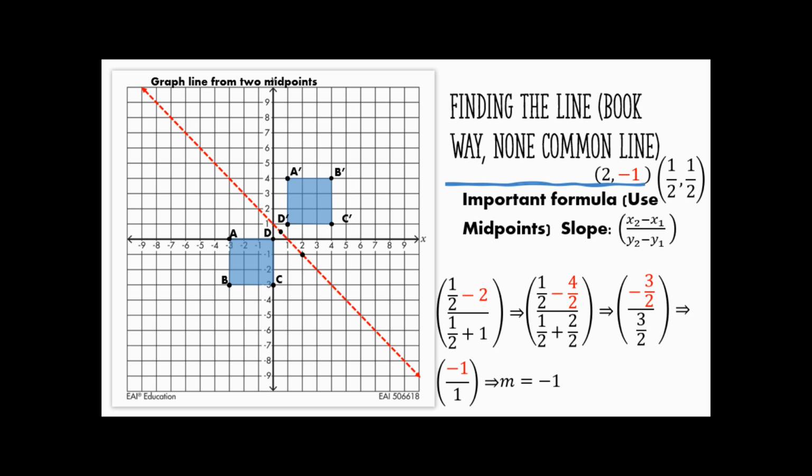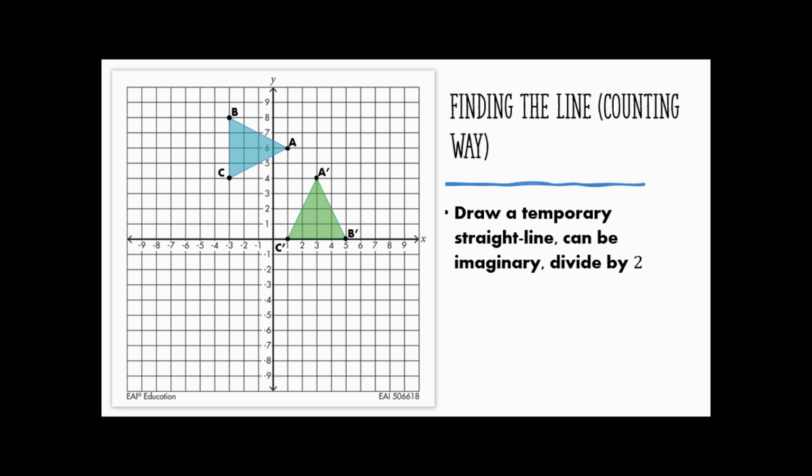Negative 1 divided by 1, negative 1. But that should be logically easy to see from the graph we drew. Then we plug into point slope. So we have y plus 1, using one of our points, the (negative 1, 2) we used, equals negative x plus 2.